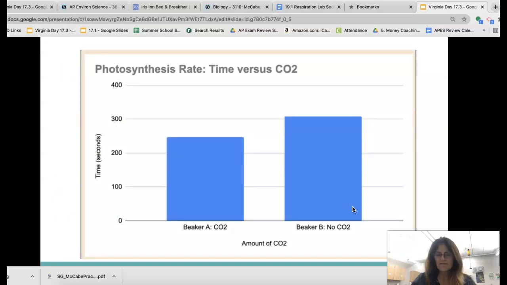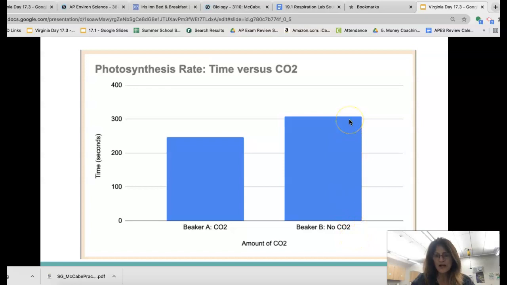And this was the graph that was generated by the data you collected for Floating Leaf Lab Part 1. It shows that in beaker A, where there was carbon dioxide gas, the rate of photosynthesis was faster. It took less time for a specific number of leaf discs to rise to the top of the water in the beaker, versus beaker B, where there was no carbon dioxide gas.